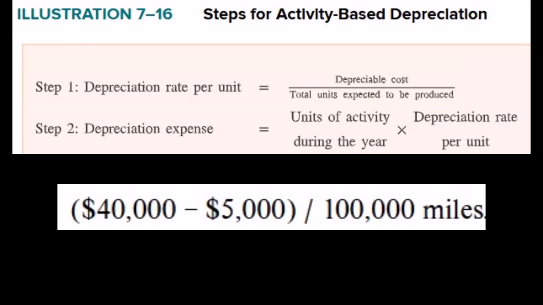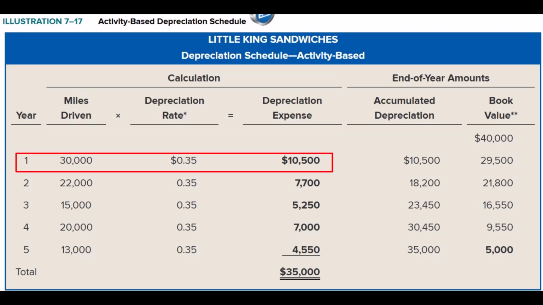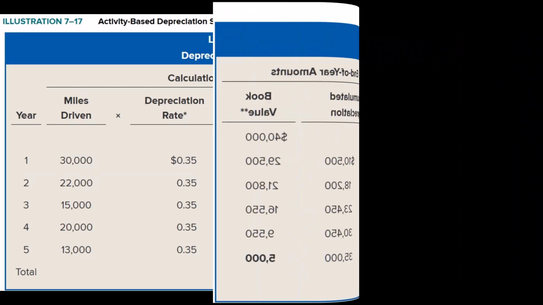The $35,000 depreciable cost divided by 100,000 total expected miles gives us a rate of $0.35 per mile. Then, each year, we simply multiply the number of miles driven by the $0.35 rate. In year 1, the truck was driven 30,000 miles, so the depreciation expense is $10,500. This method perfectly matches the expense to the actual usage of the asset.